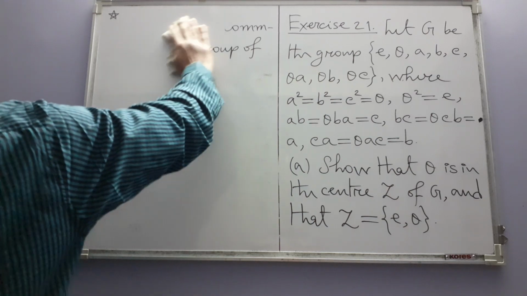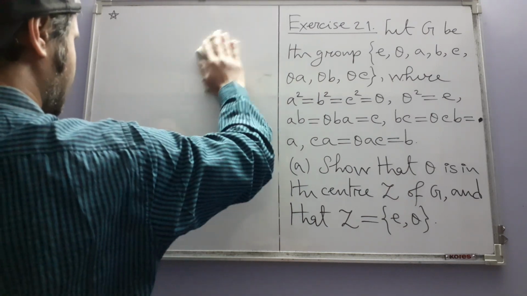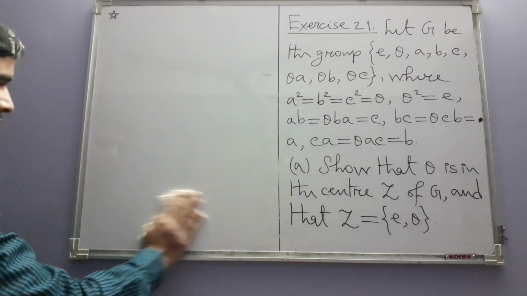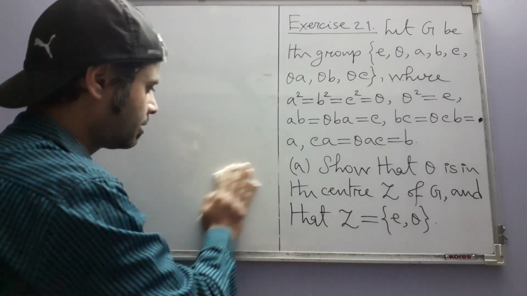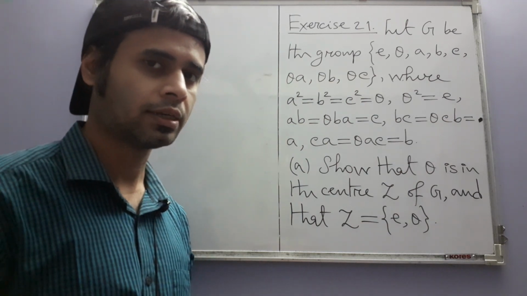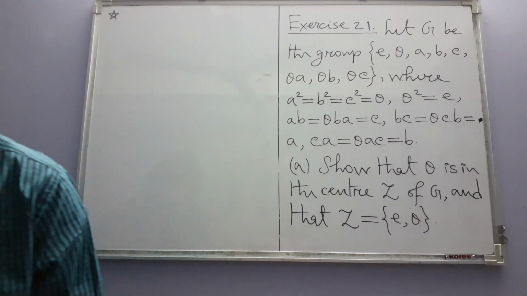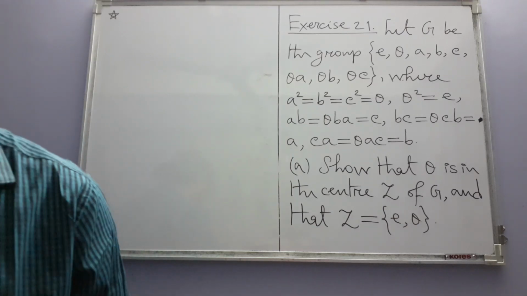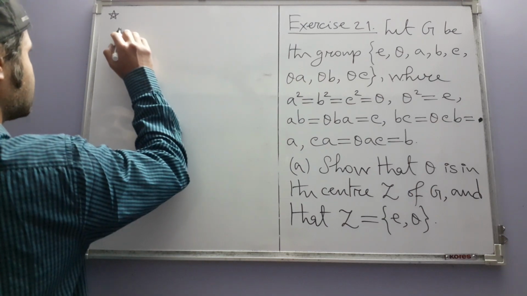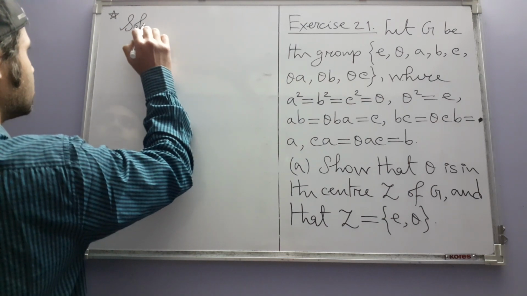Now since the group is not an infinite group, the set is a finite set. So the best way to define a binary operation is by constructing a composition table, a group table, and that table we are now going to do, and that's the first thing we are going to write in the solution.